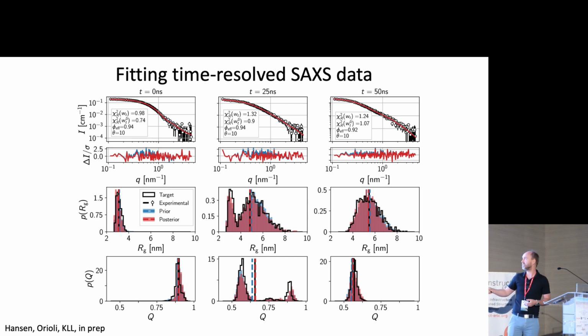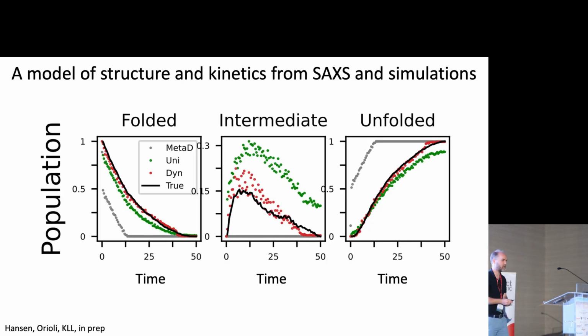And you can again see these kinds of things here in the Rg plots, although this intermediate is basically invisible in the Rg plot, but we can see it in the raw SAXS data. So again, I'm jumping through a lot of steps here, and you should ignore most of the colors here. The black line again is the ground truth because we made up the data, and the red point here is what we get out from our method, so we can analyze the data after.